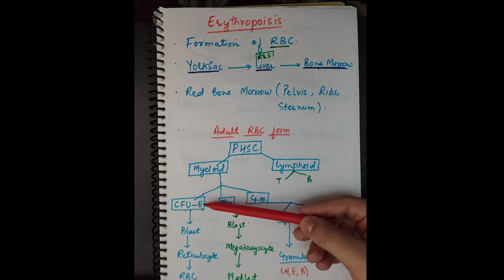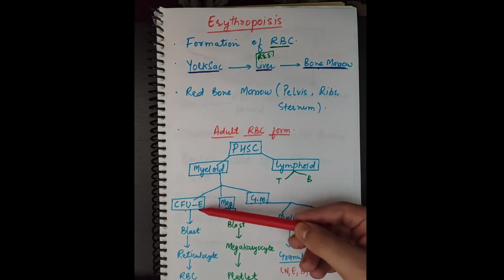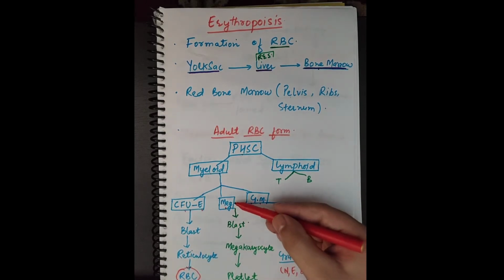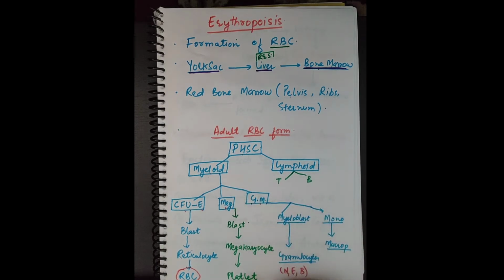Colony forming unit of erythroblast will divide and form the RBCs. ये divide करेगा और हमारे RBCs को form करेगा. Megakaryoblast will divide and form our platelets. And granulocyte-monocyte will divide into two types of cells, myeloblast and monoblast.